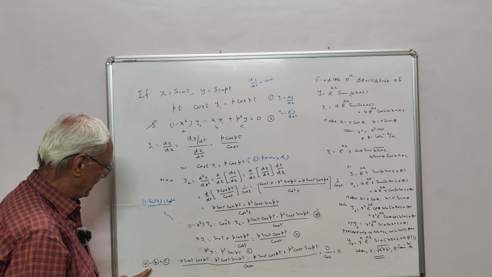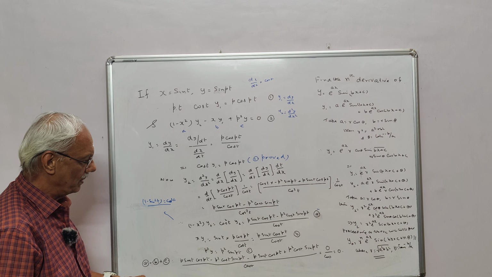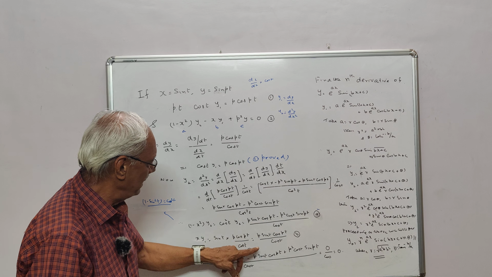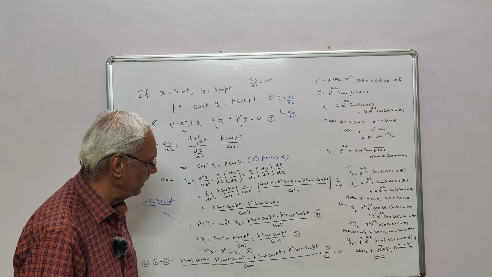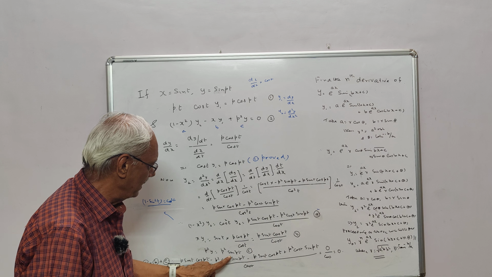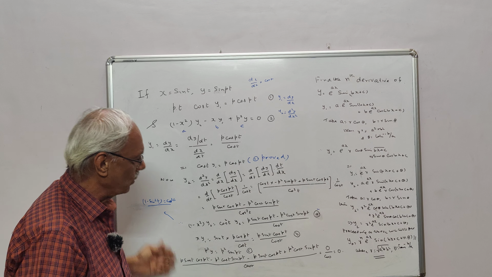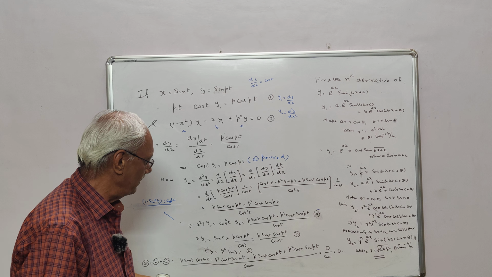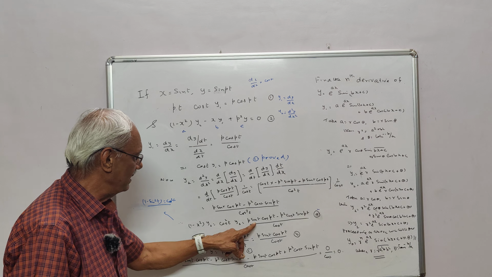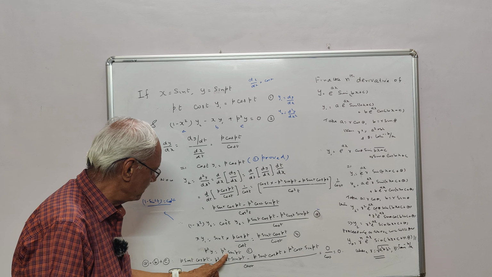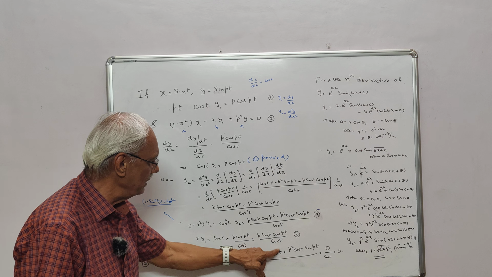Now I am writing it as A minus B plus C. You will find that this is C. Here you have the denominator cos t, but here there is no cos t. So the LCM will be cos t. So throughout multiply it by cos t. Here you will get this one minus this one minus p square sin pt into cos t.